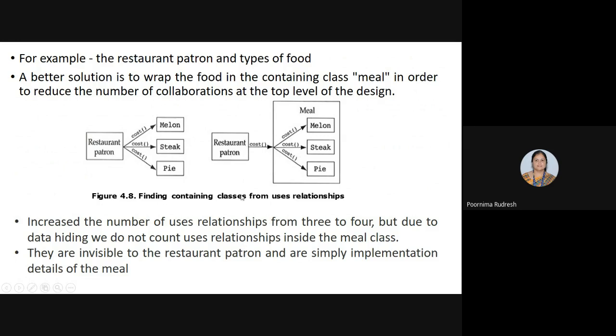So this is the better solution, where we are finding the containing classes from the uses relationships. As I said, you can argue that the number of uses relationships has increased from 3 to 4, but due to the data hiding property we will not count the uses relationships inside the meal class. So instead of 4, there exists only 1.